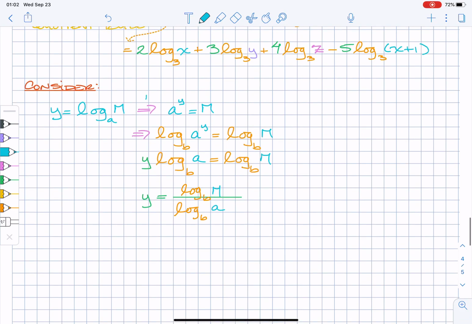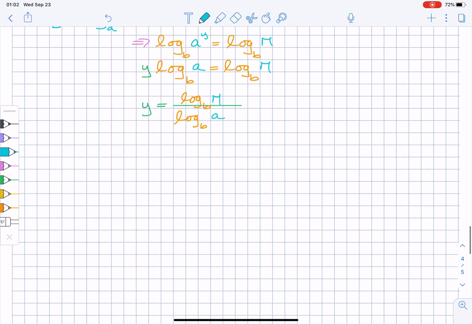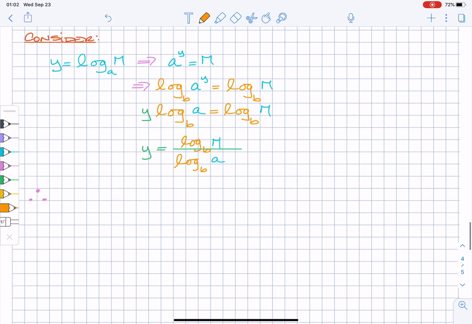And what was y? It was log base a of m. So what can I state therefore? I can state that the y I began with, namely log base a of m, is equivalent to the quotient log base b of m divided by log base b of the previous base a.